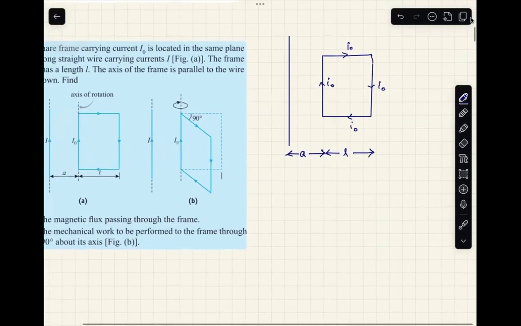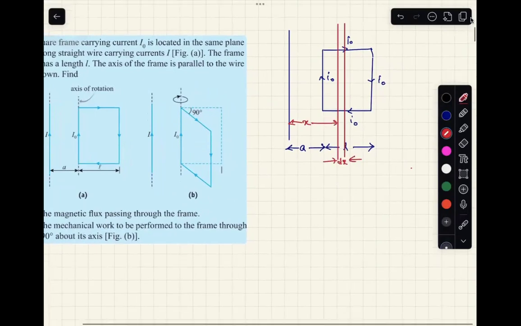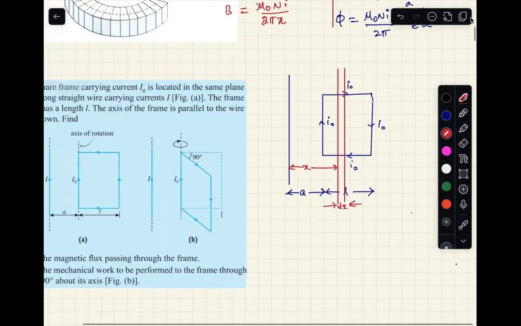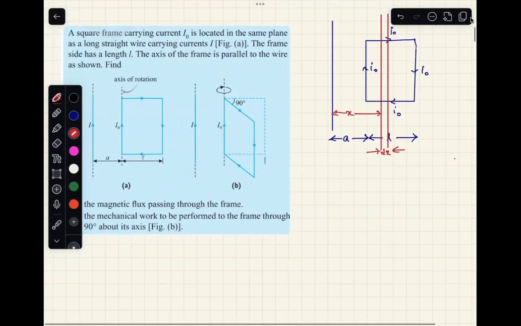That is the situation. I need to change the color now. Please help me in understanding this question further. They're asking the magnetic flux through the frame.